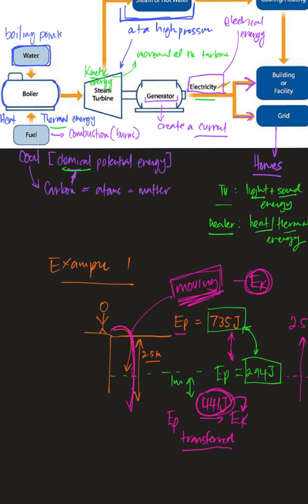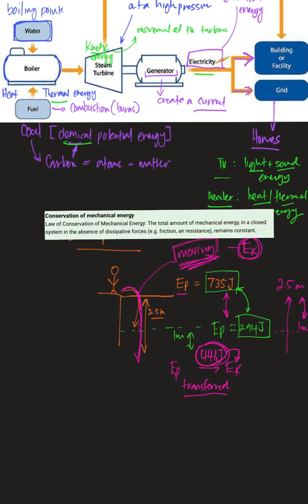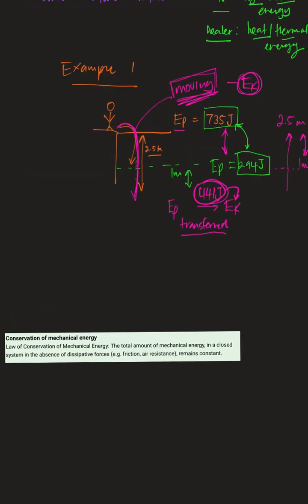So what that brings us to is the law of conservation of mechanical energy. Let's have a look here. I'm just going to move the screen up and bring it down.